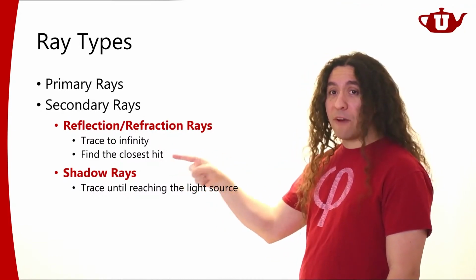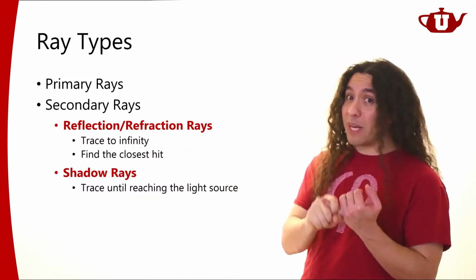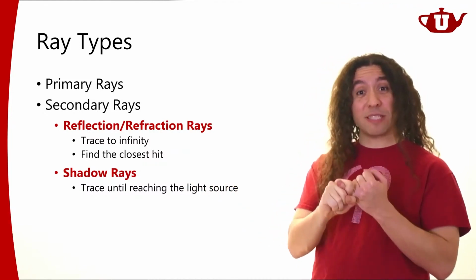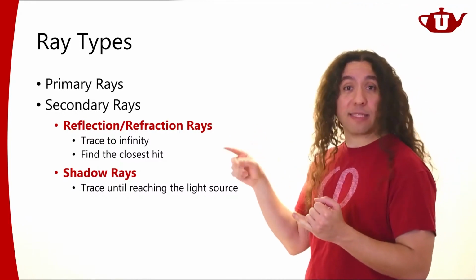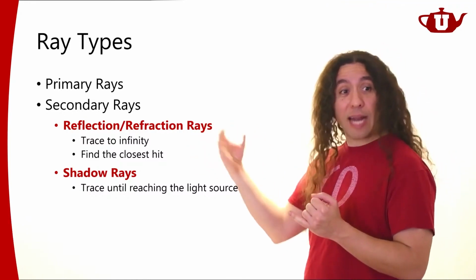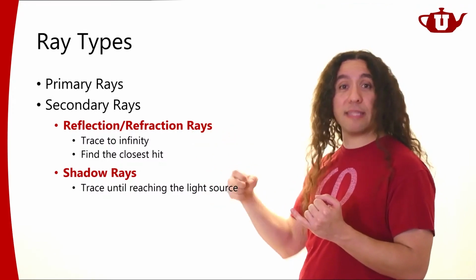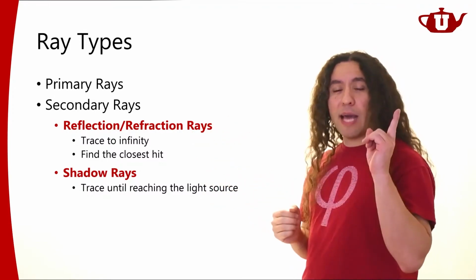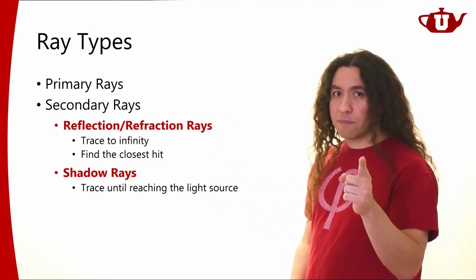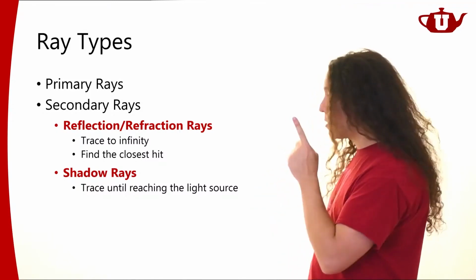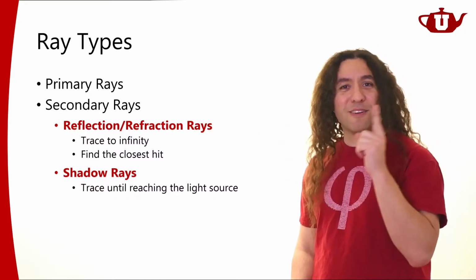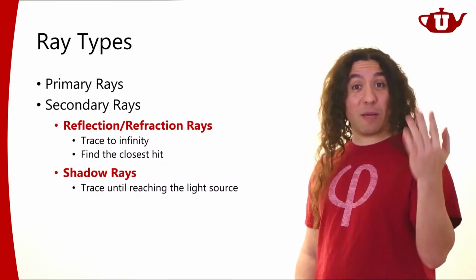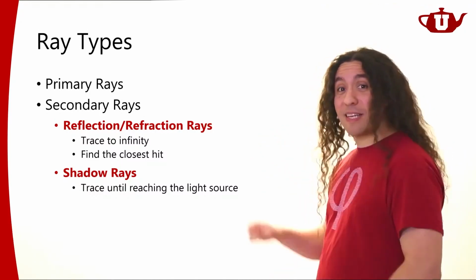If I'm not sure that I found the closest hit, the first hit, then I need to continue looking at other hits. If there's any potential that I might be able to find closer hits, then I need to check that. Now, let me repeat this, because this might be a bug that some of you run into when you're implementing Project 6.